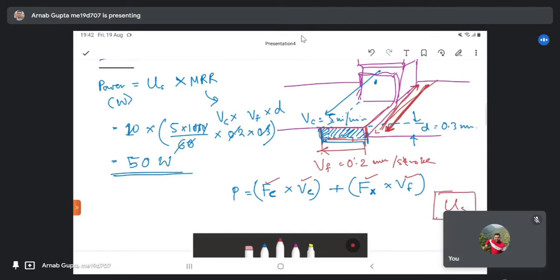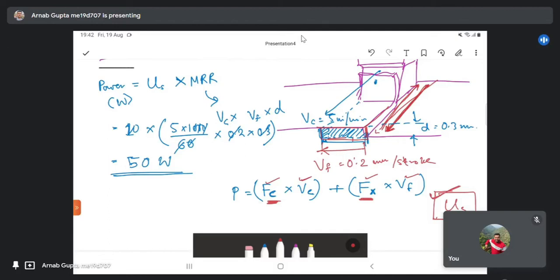We are trying to find out Us. So in that case, we are using a dynamometer to calculate the values of Fc and Fx, that is the values of force in different directions, the feed and the cutting direction. And we already know Vc and Vf because we are inputting it. It is an input from our end, input parameter. So we plug those values and we get power.